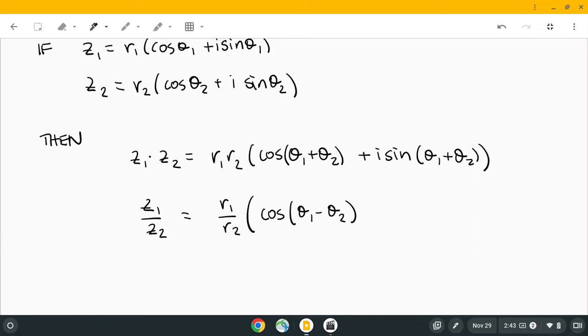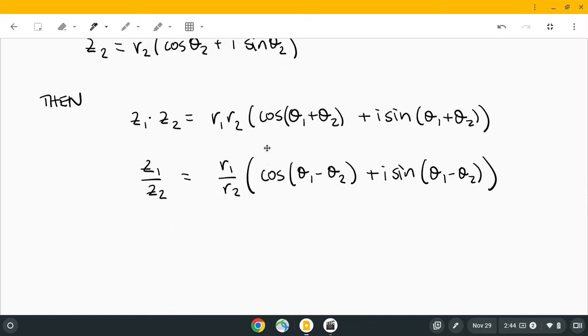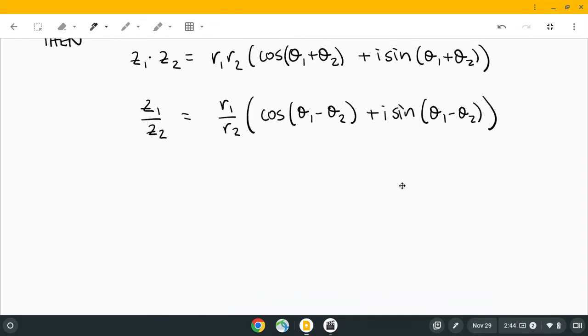Subtraction is not commutative, so just make sure that you subtract in the correct order. Whereas adding up here, it's commutative, so the order doesn't matter. Here it does. Okay, so that's all there is to it with the multiplying and dividing.